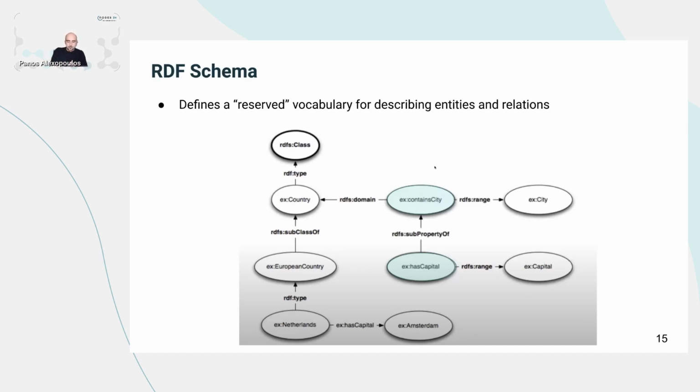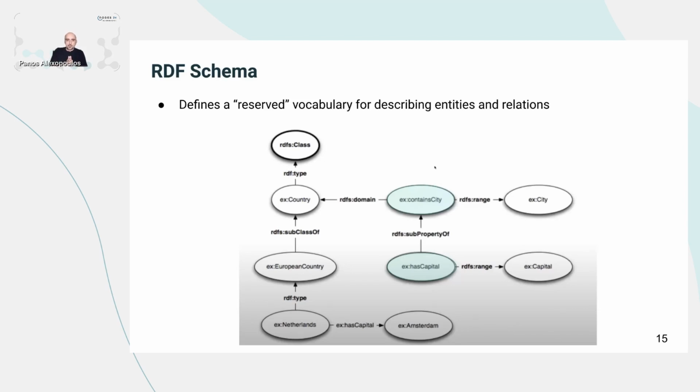If you think of programming languages, when we learn a programming language, we know that certain words are reserved for particular things, for example the main function, or the word float to denote a variable that is of type float. Similarly, in RDF Schema, we have predefined elements that have specific semantics and specific usage.